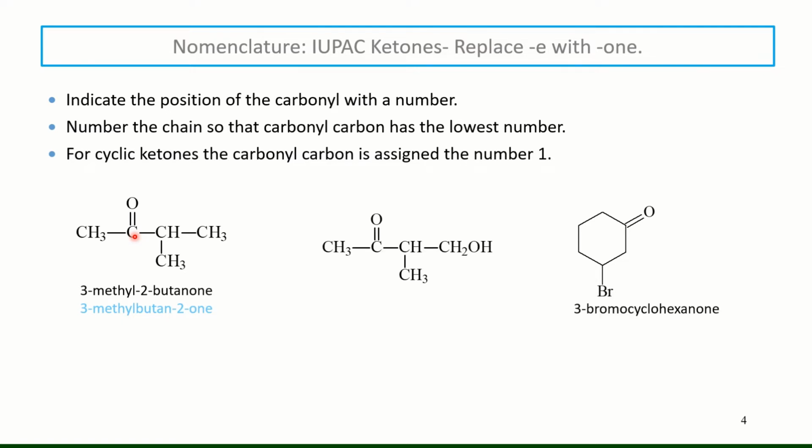Here you can see that again the carbonyl dominates over the hydroxyl group or the alcohol group, and so the carbonyl is on 2, the hydroxyl is on 4. Aldehydes follow the same theme, but of course aldehydes are always terminal, right?